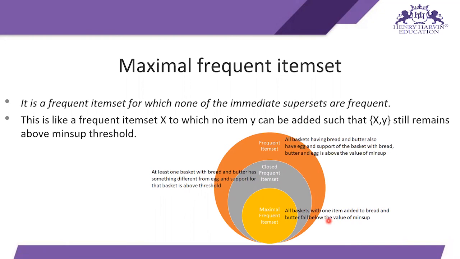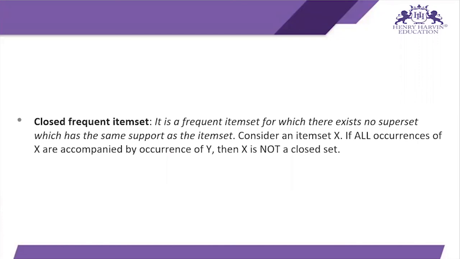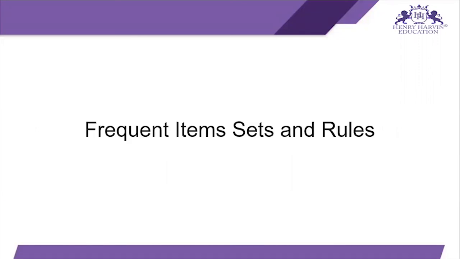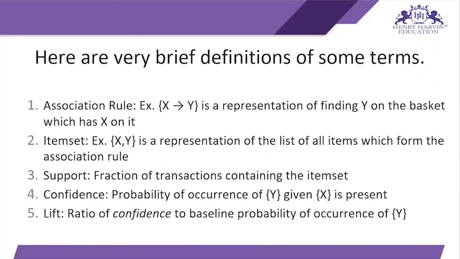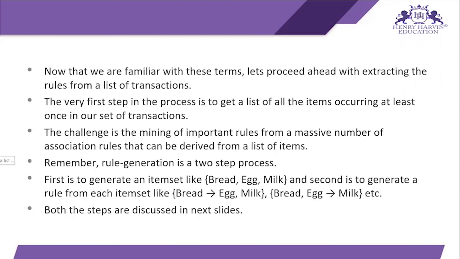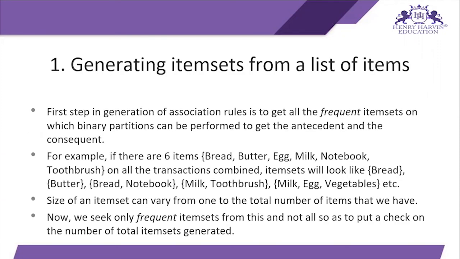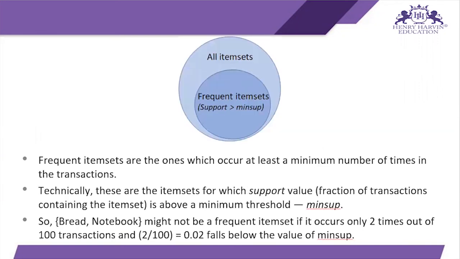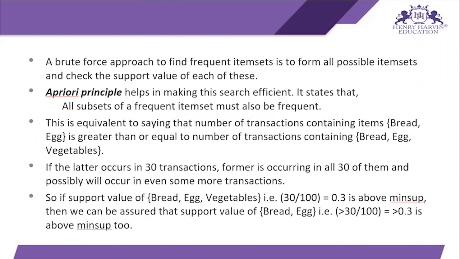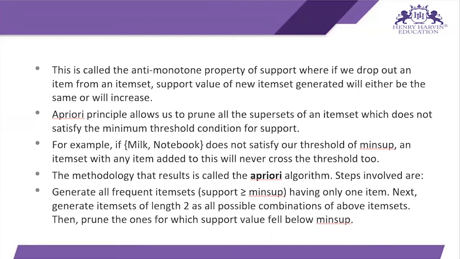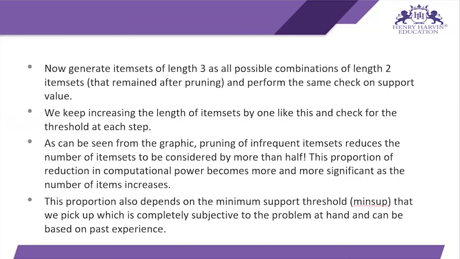And that's all for today's session, where we talked about frequent item sets and rules. I first told you about the brief definitions of some terms, then we talked about how familiar these item terms are, and then we saw how to generate the item sets from the list of items, and then we talked about how frequent item sets are generated. Then the a priori principle, how it works, and how it is used to calculate the frequent item sets.